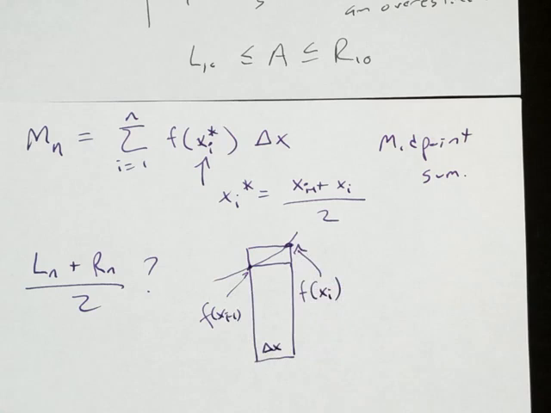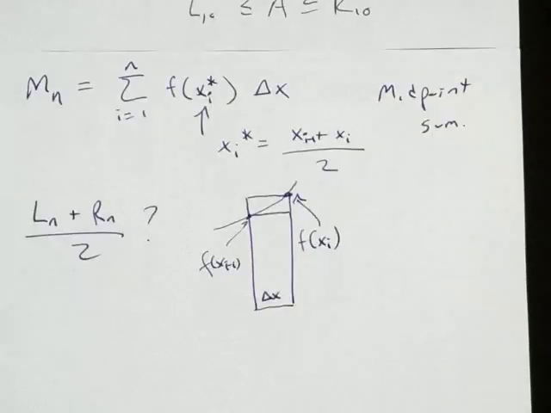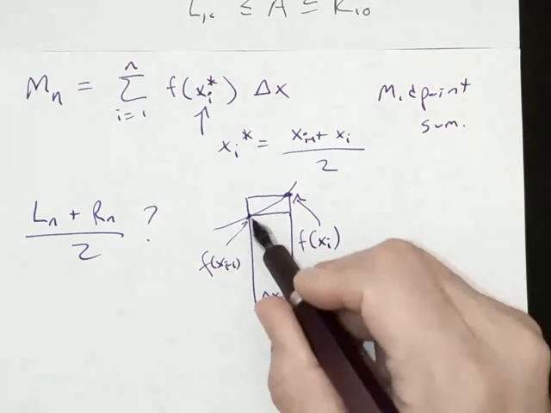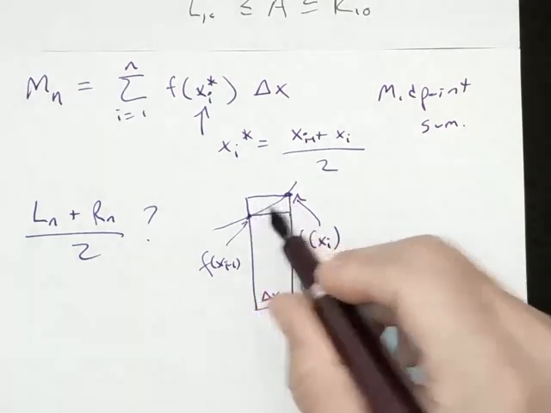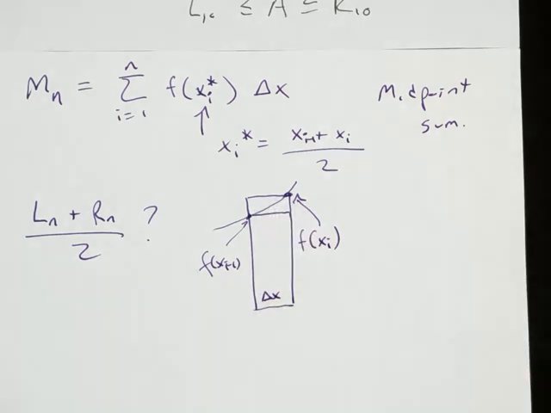So that rectangle, its left short piece would be f of xi minus 1. Its right piece would be f of xi. And its width is delta x. Wait a minute. If I average those two areas, isn't that the same as cutting this little rectangle up here in half?